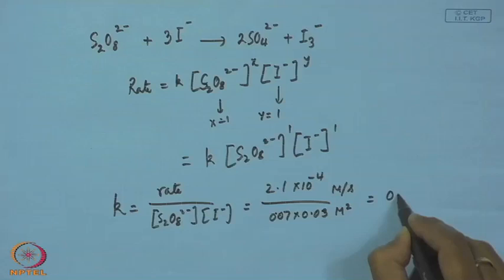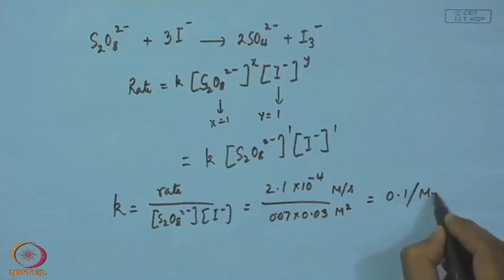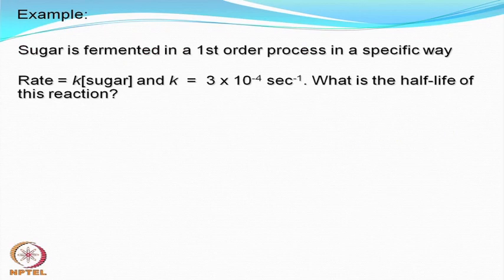So, this gives you 0.1 per mole second. This way we can look into the data, find out the rate law, and also the rate constant for a given reaction.